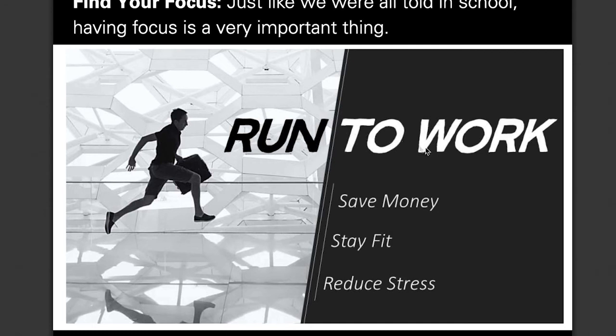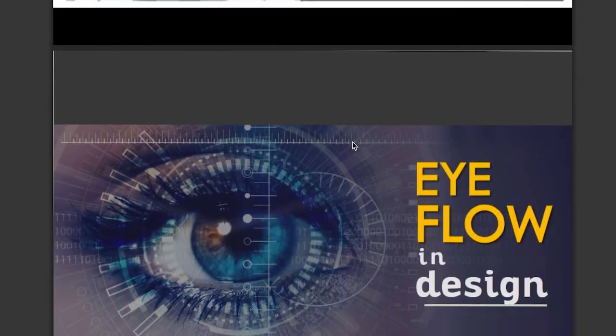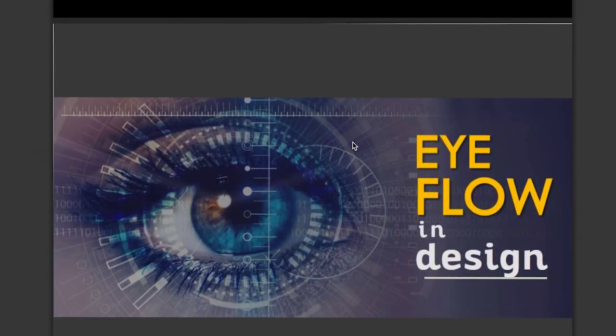I would say this could be all secondary as well. Run to work tends to be something you can read at the same level. But you can see clearly the focus is here first, and then secondary and tertiary, and the eye moves through the composition in very much harmony. So that's really, really important. Eye and flow in design.